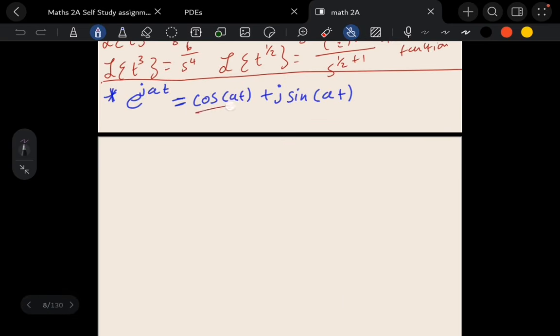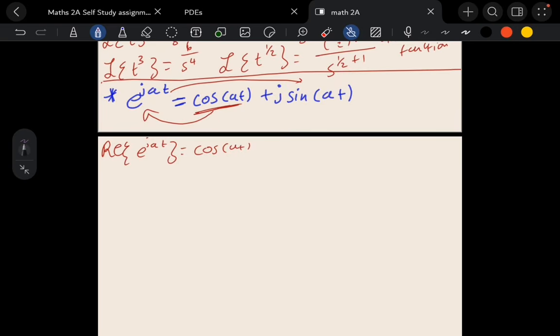And cos is the real part of that. So the real part of e^(jat) is cos(at). And then sine is the imaginary part of that. So the imaginary part of e^(jat) is sin(at).